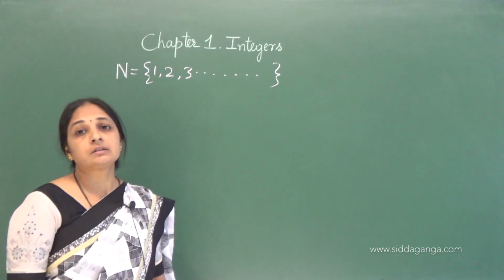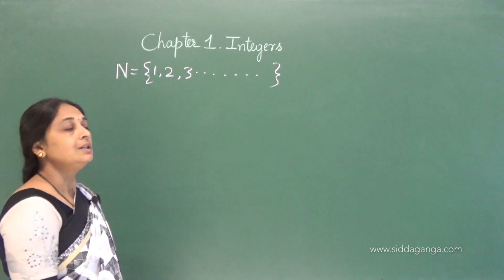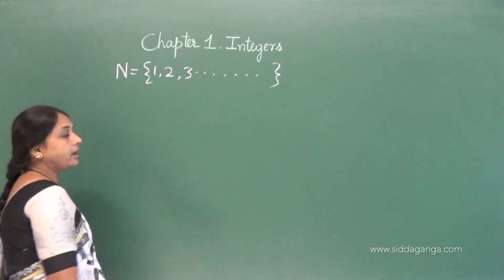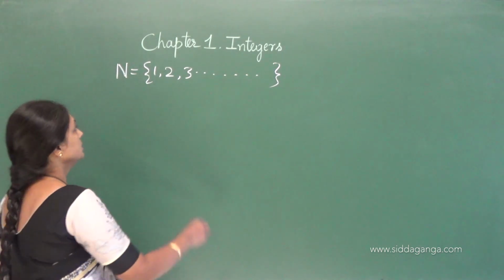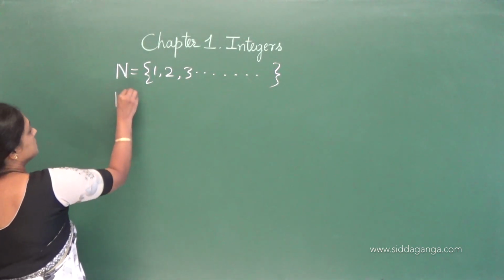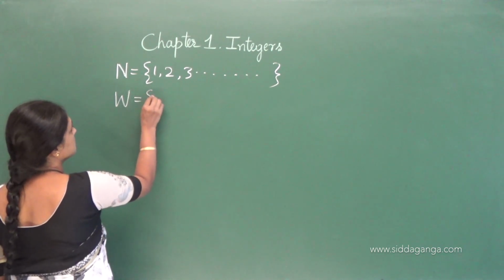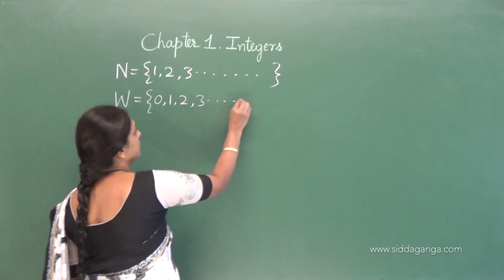And the second set is whole numbers, which includes the natural numbers with 0. We don't include 0 with the natural numbers. It is represented by the letter W, that is called whole numbers, and it starts from 0, 1, 2, 3 like that.